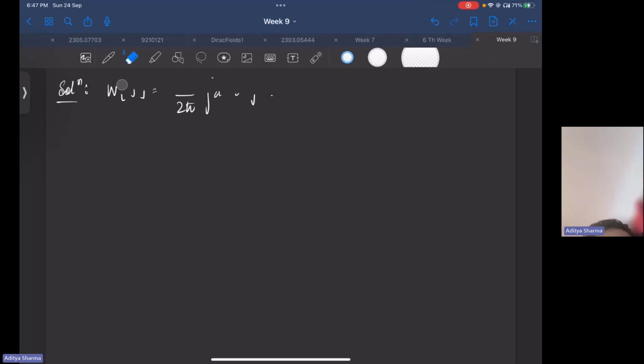So the strategy is to put and calculate, but there is one strategy which I am going to tell you, which you might understand from the structure of this thing.